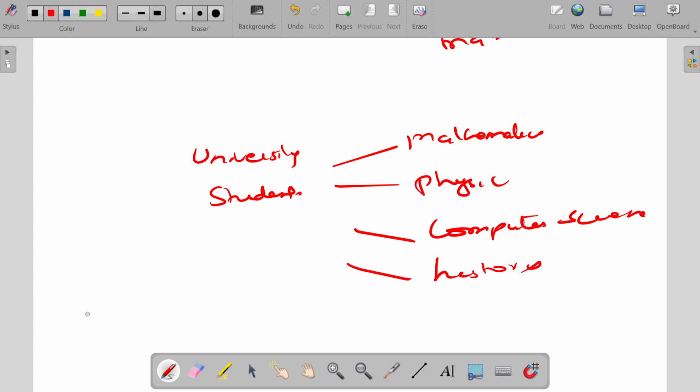Now somebody asks this student a question of physics, this person will be able to answer. Mathematics, the student is able to answer. How? Because these students are able to train themselves on all these subjects. They learned all these subjects, and now they are able to answer the questions.